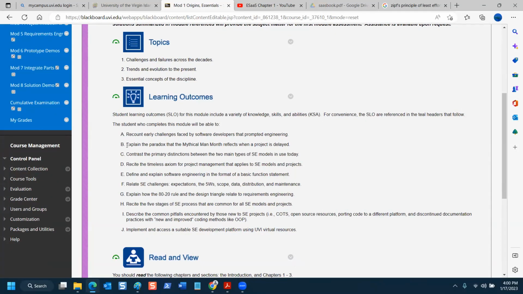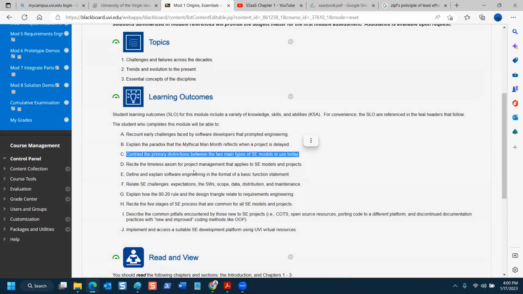Now, we're going to cover the Mythical Man Month at another time, although there's reference to that in the videos, right? Contrast the primary distinctions between the two main types of SE models in use today. That's what we're doing, okay?